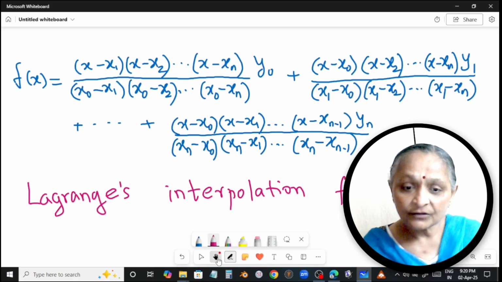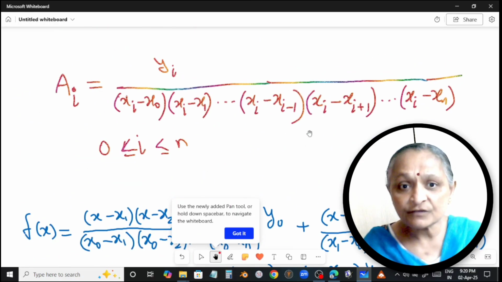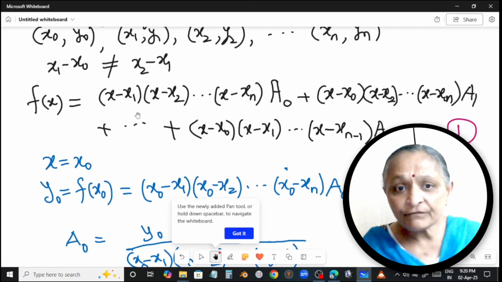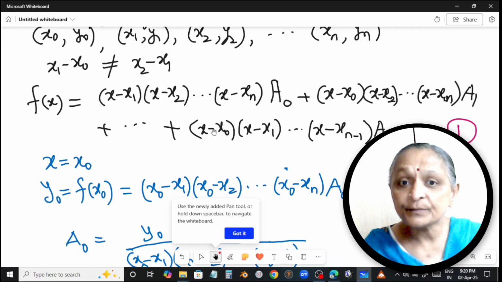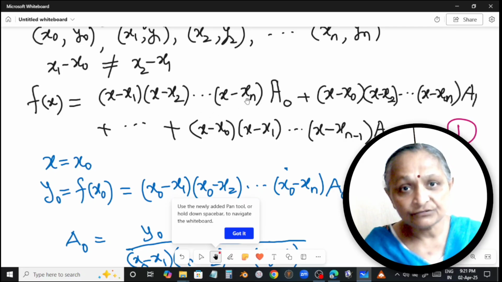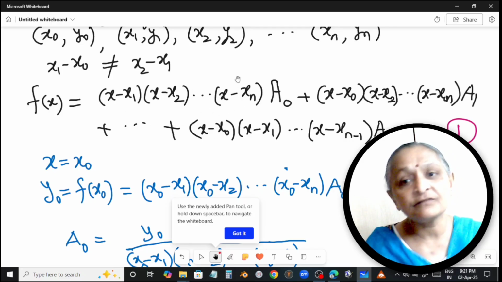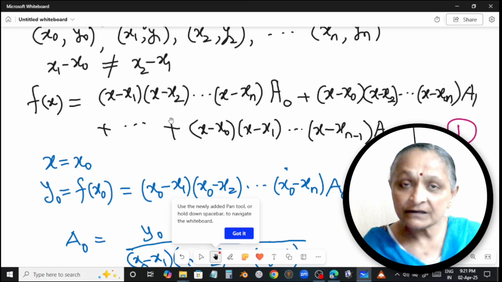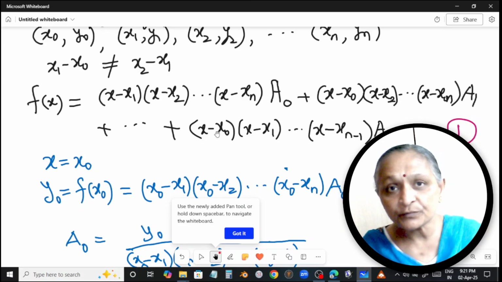Second thing, while deriving this formula, every term he tries to formulate is of degree n. So it is itself a polynomial of degree n. This way, every time one point is missing out of the n plus 1 points, he goes on getting a polynomial of degree n each time.